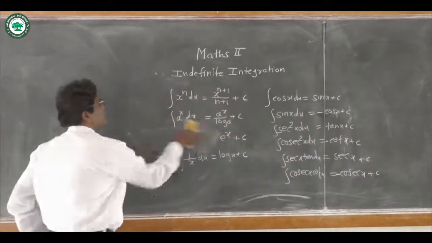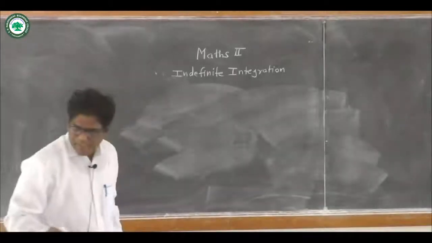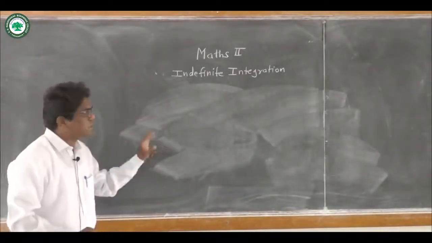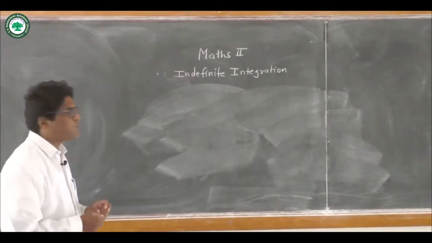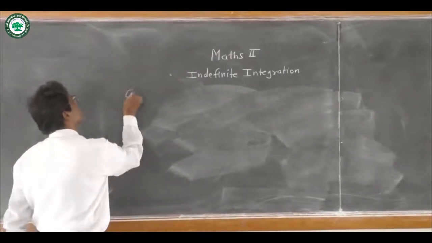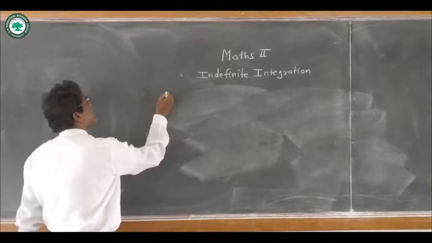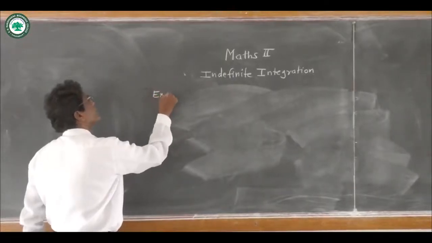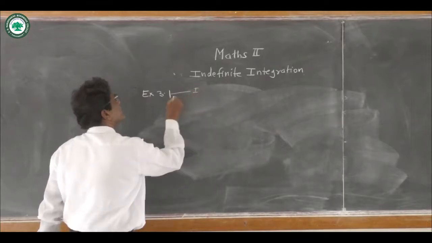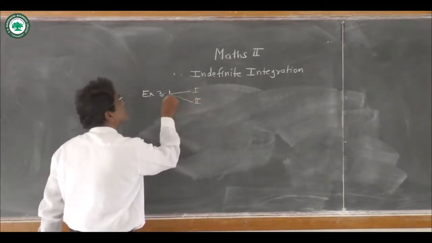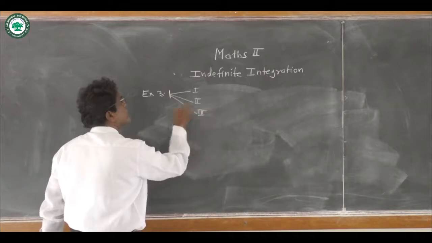We see here today's lecture. This is the basic part. In today's lecture we see exercise 3.1. There are 4 questions in exercise 3.1: question number first, second, third, and fourth.